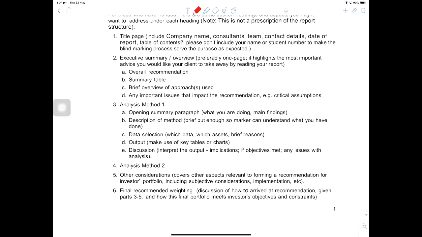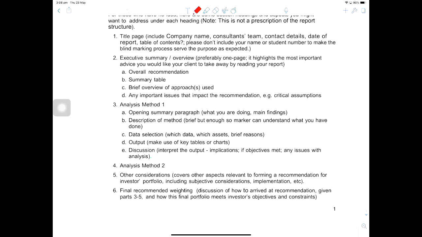So spend more time on this page. Be very careful of selecting the most important things to include in the summary page. At least this should include the advised asset allocation, the expected portfolio outcome, and also preferably how well the client's objectives or constraints are satisfied with this recommended asset allocation. So that's the first page.